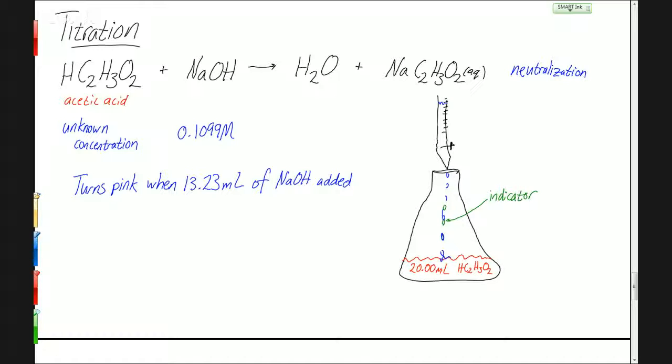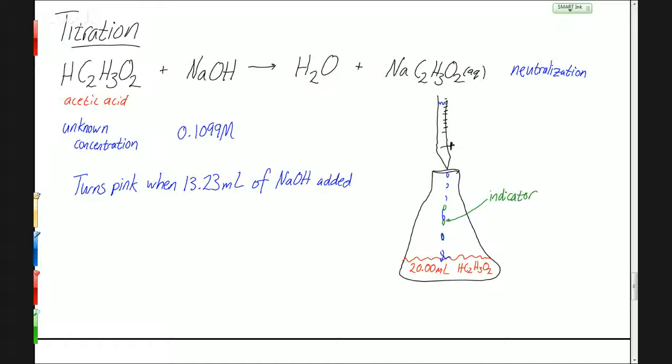You don't have to watch the scale, you just watch drop by drop, and all of a sudden you see it turn pink, and you stop it, and then you look at the scale, you subtract where it ended from where it started, and we'll go over how to do that in lab. And you know exactly how much NaOH you added. Now, we know everything we need to know. We have a volume, because we know how much NaOH we added. We have a concentration, because we know the concentration of the NaOH we started with.